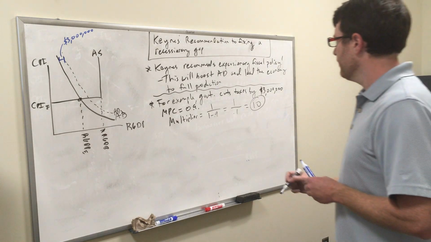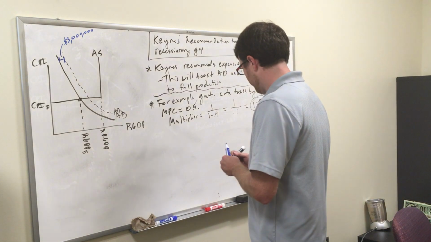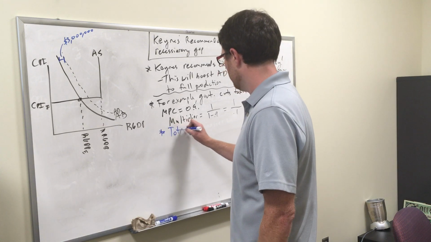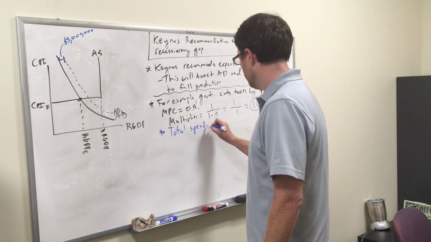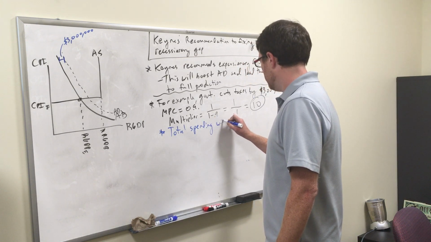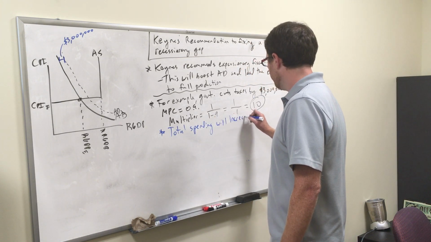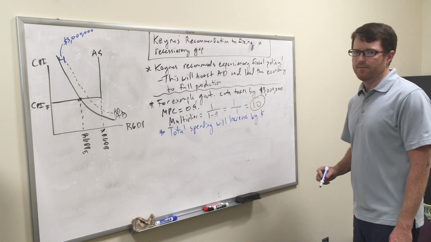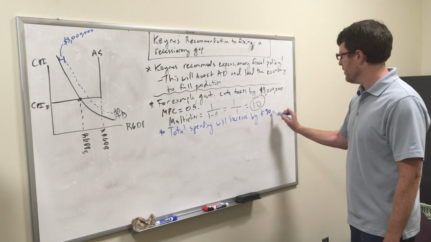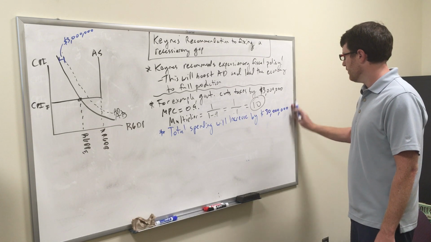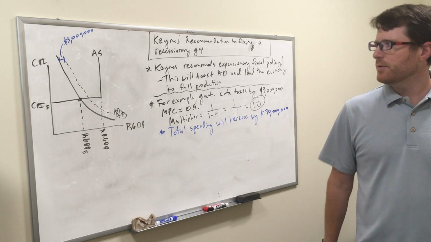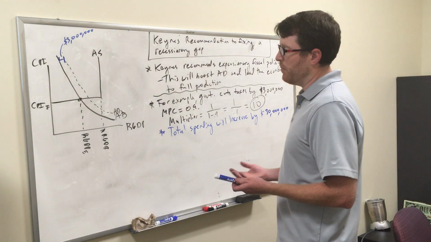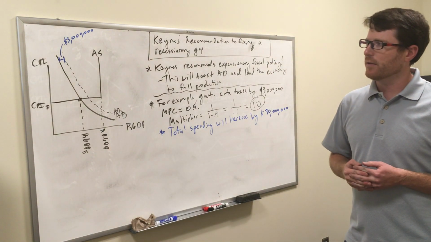So total spending, in this case, will increase by 10 times the 3 million, which is 30 million. So this ends up being a much bigger effect than you would initially expect because of all the multiplier effects.